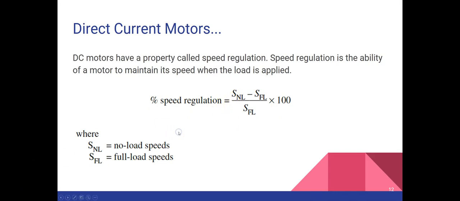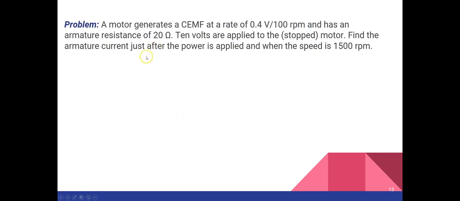Now let's see a problem on a DC motor. This problem says a motor generates a counter EMF at a rate of 0.4 volts per 100 RPM and has an armature resistance of 20 ohm. 10 volts are applied to the motor. Find the armature current just after the power is applied and when the speed is 1500 RPM.